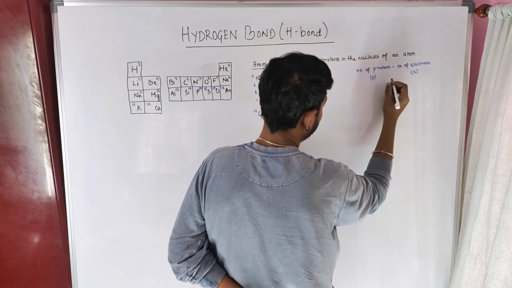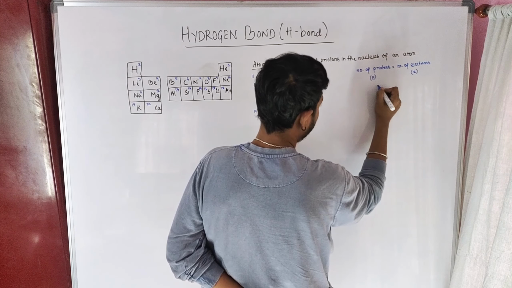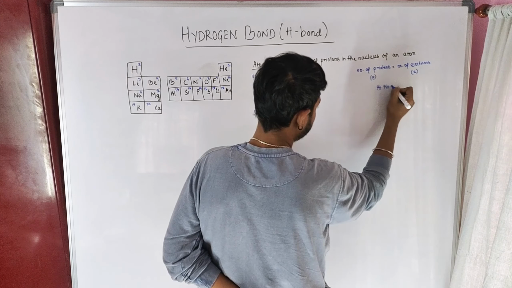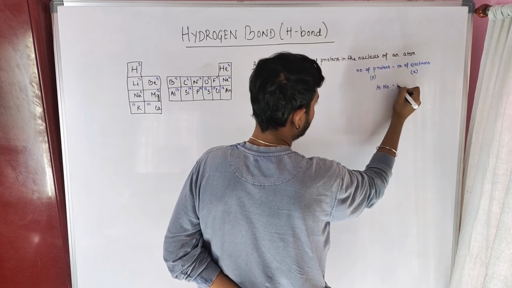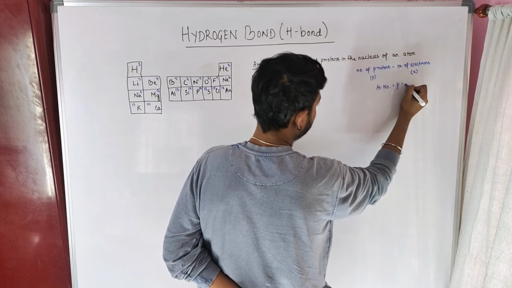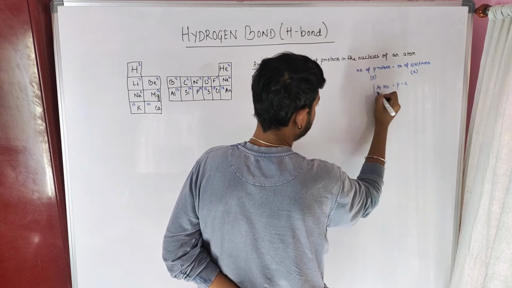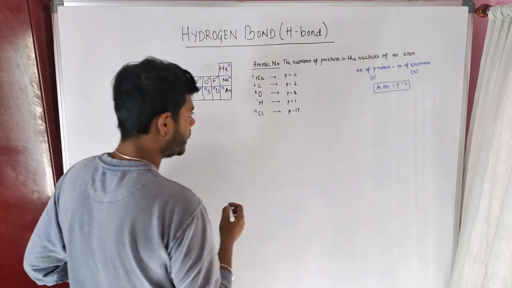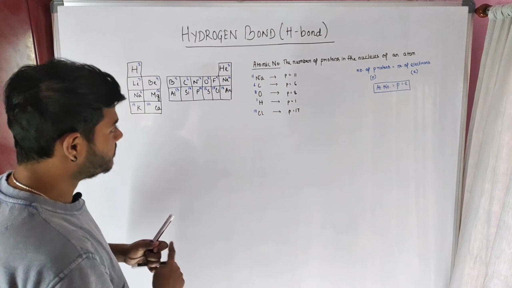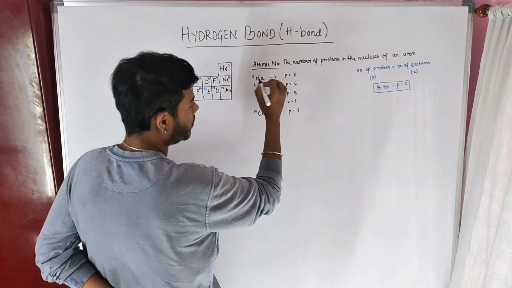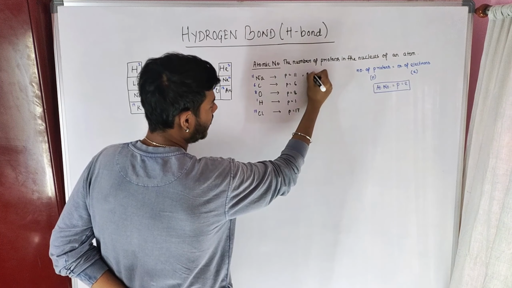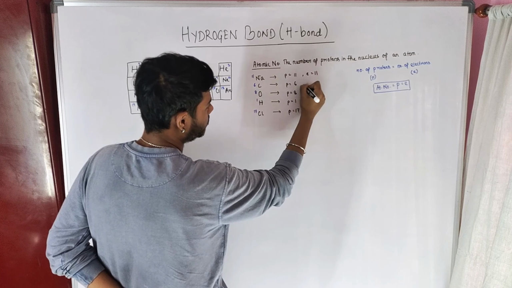So atomic number is equal to the number of protons, which is in turn equal to the number of electrons an atom of an element has. So from this we can say that sodium will have 11 protons and equivalently it will have 11 electrons.